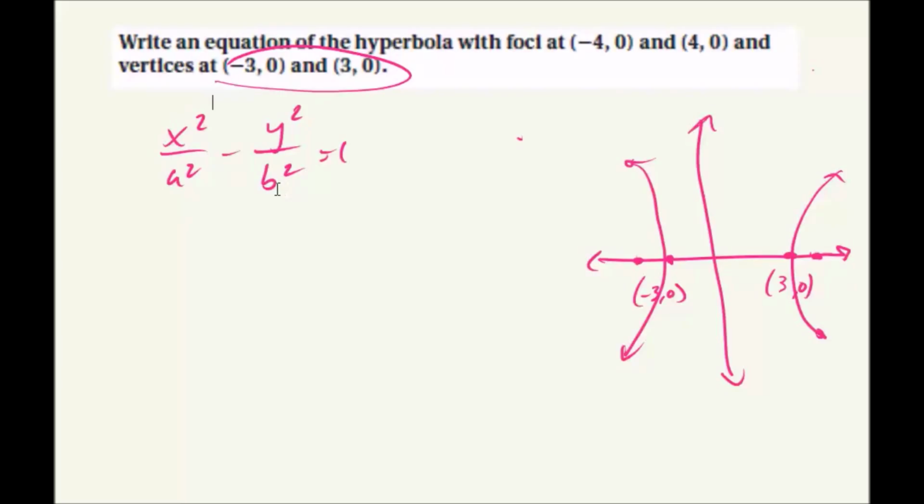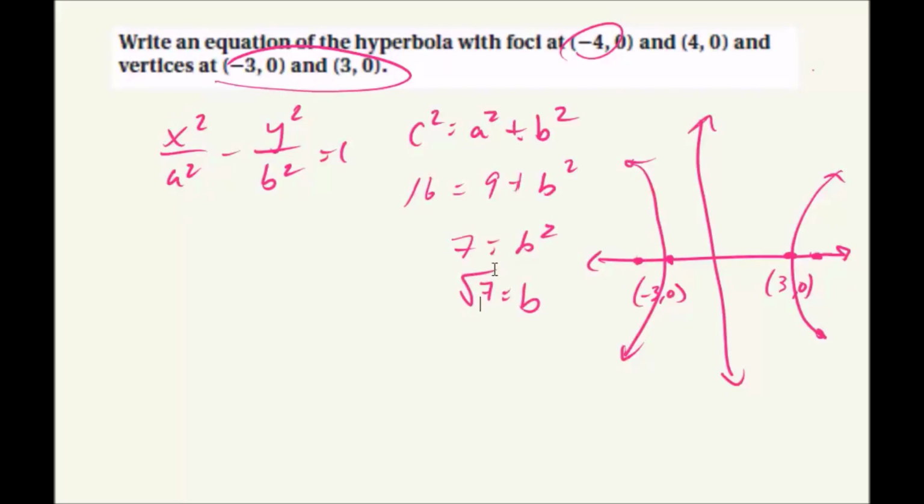We don't know anything about b squared though, so we have to solve for it with the equation c squared equals a squared plus b squared, like we've been over. c is 4, so c squared is 16. 16 equals 9 plus b squared. 7 equals b squared, so b equals the square root of 7. So we can go ahead and plug that in. We have x squared over 9 minus y squared over 7 equals 1.